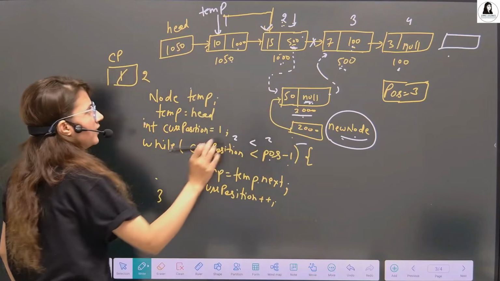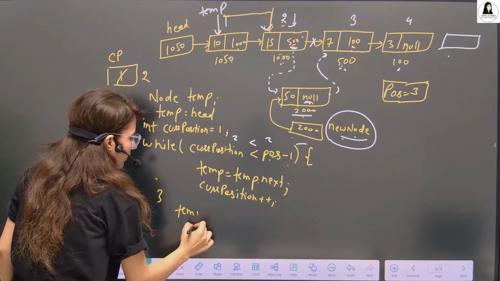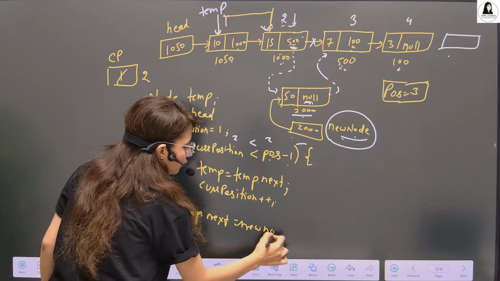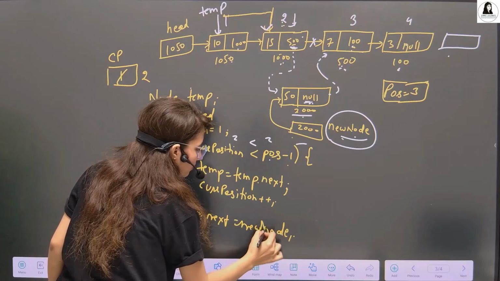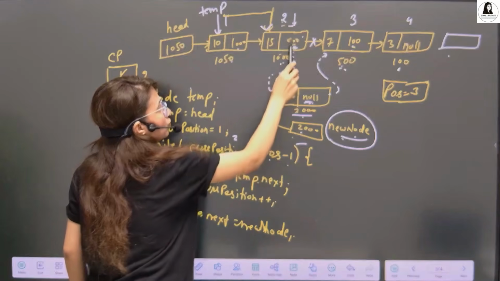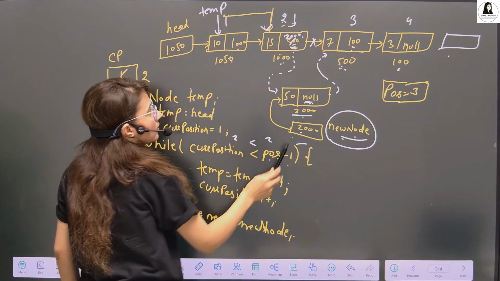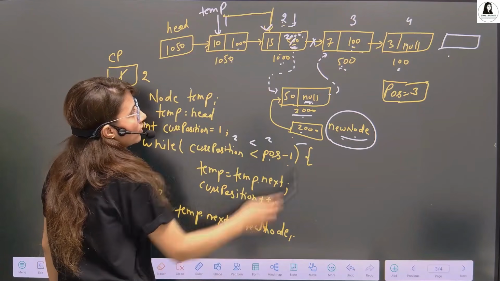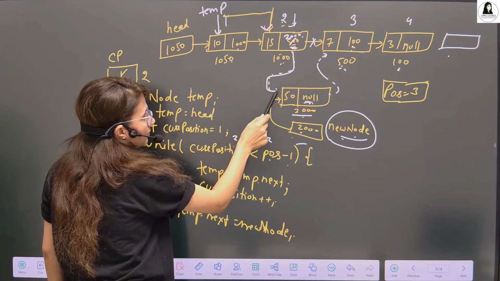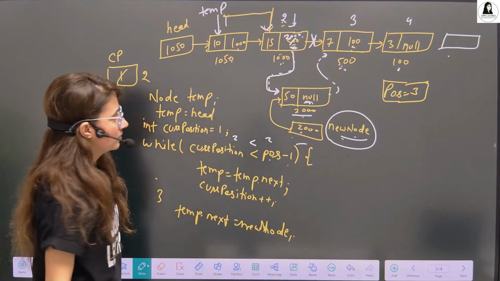If I write something like this, my temp is now pointing to this, so I want temp.next equal to new node. Temp.next is 500, new node is 2000, so it will be changed to 2000. Right? So now this is pointing to this. Yes. Now we have lost this connection.